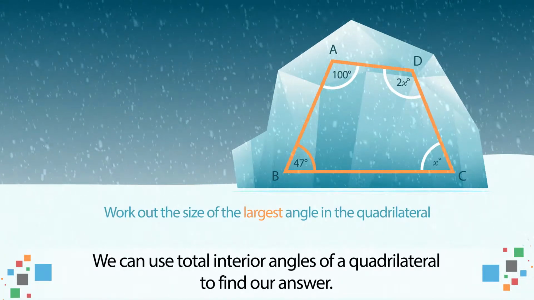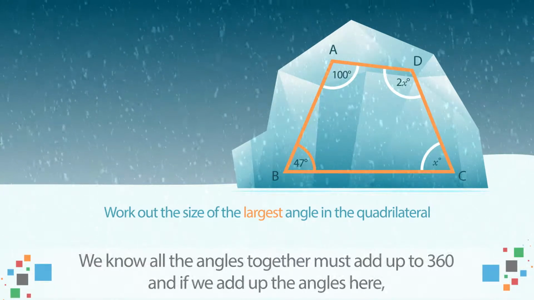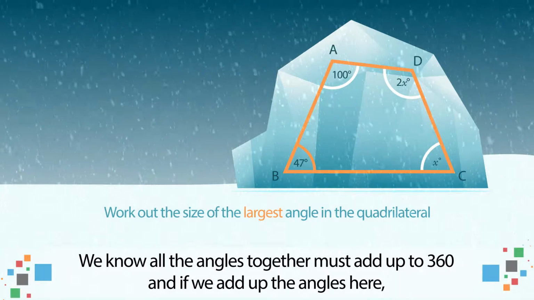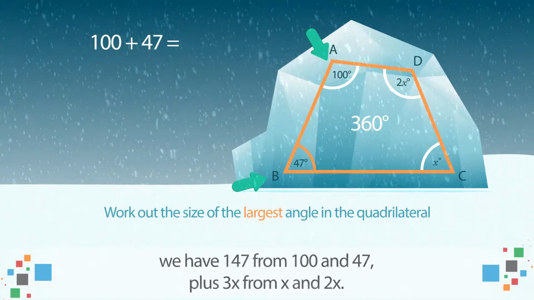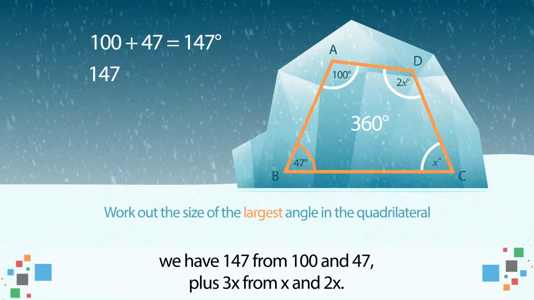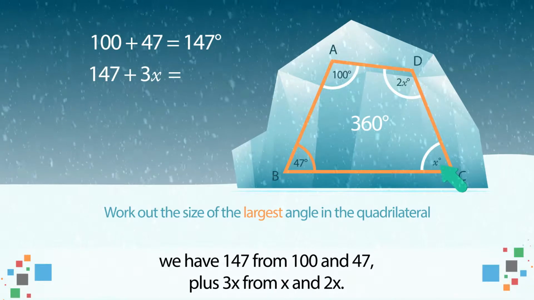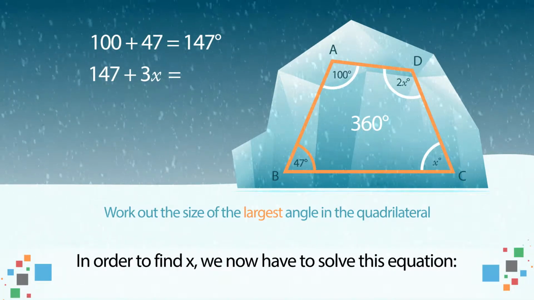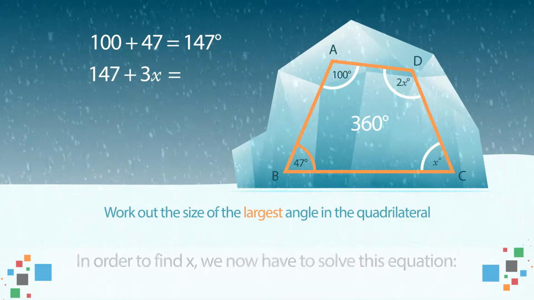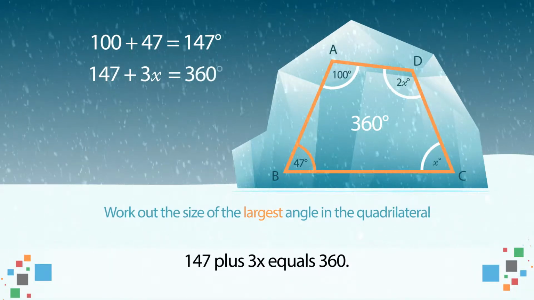We can use total interior angles of a quadrilateral to find our answer. We know all the angles together must add up to 360, and if we add up the angles here, we have 147, plus 3x from x and 2x. In order to find x, we now have to solve this equation. 147 plus 3x equals 360.